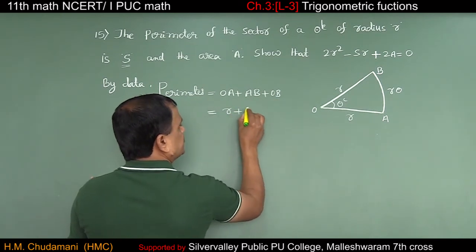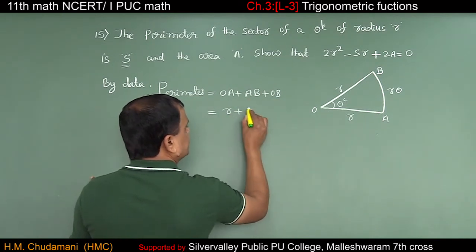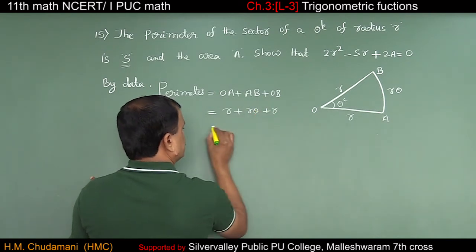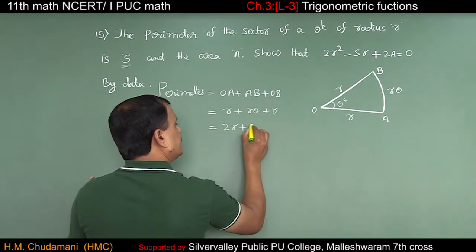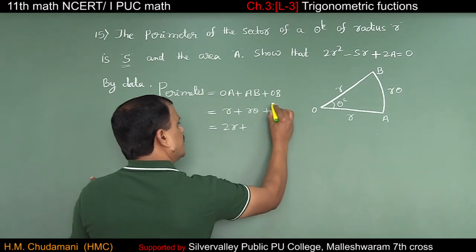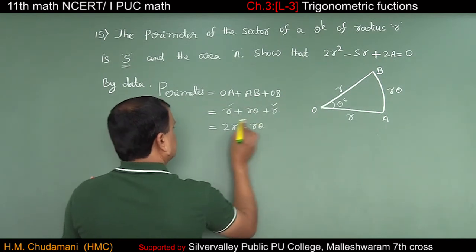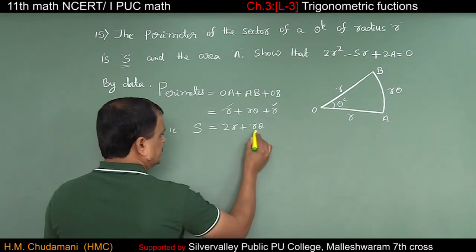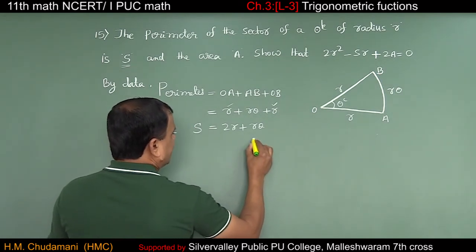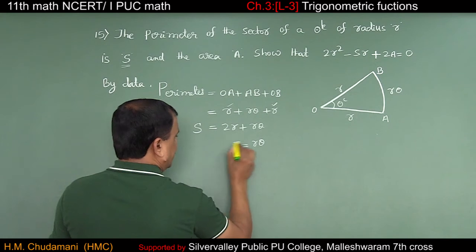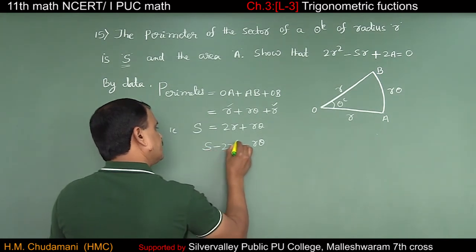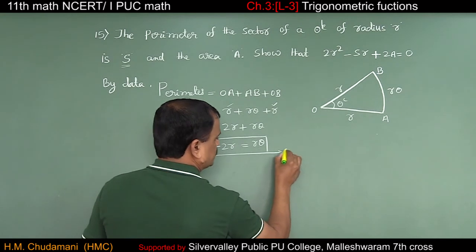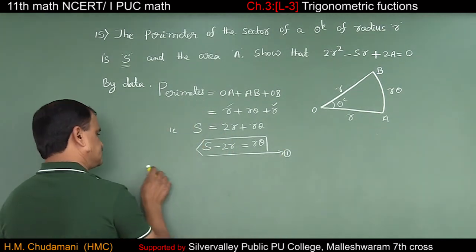OA is radius, AB is the arc length, R into theta, plus R. So that is 2R plus R theta. They have denoted the perimeter as S actually. So R into theta can be written as S minus 2R. Shift 2R to the other side.